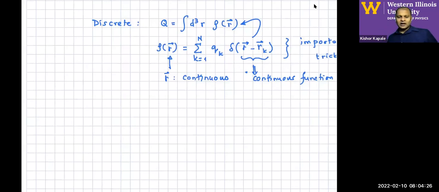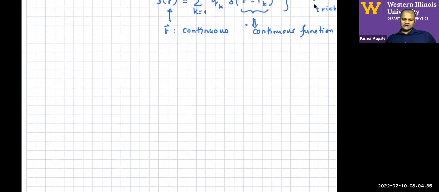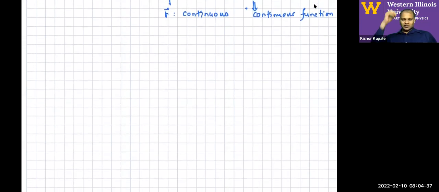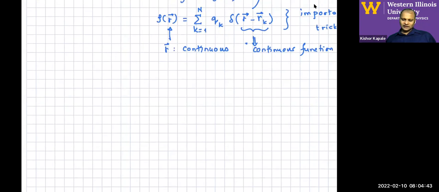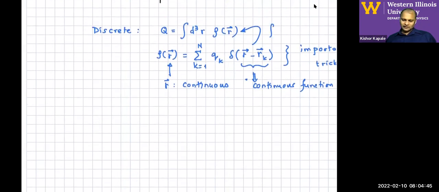It allows you to take into account discontinuities or specific positions within the 3D space that are of interest. So you can pick those out because of this filter property, right? So this is essentially a filter function.